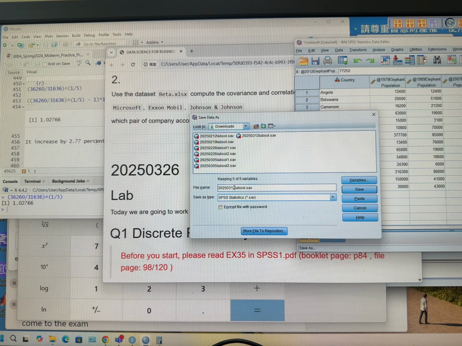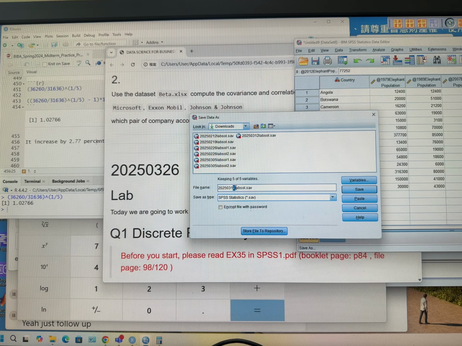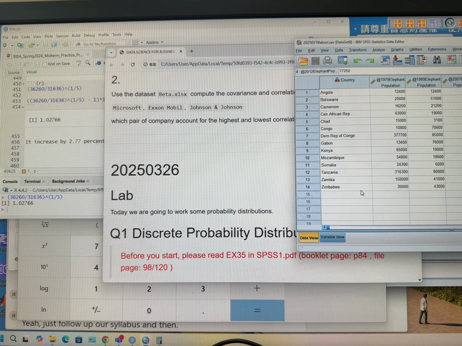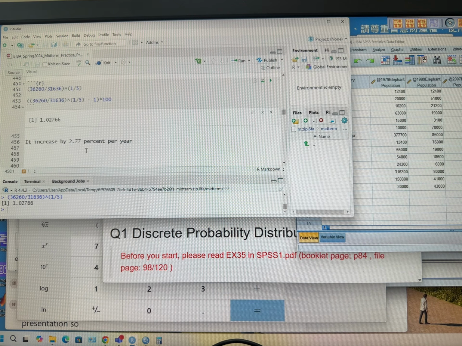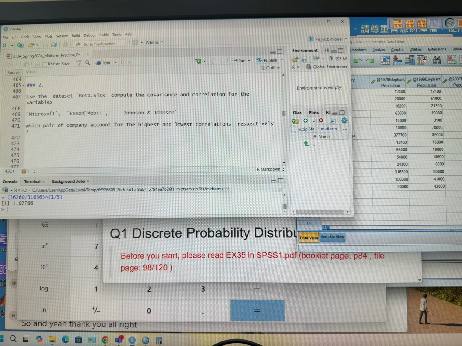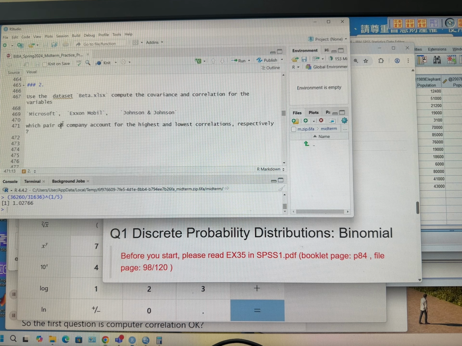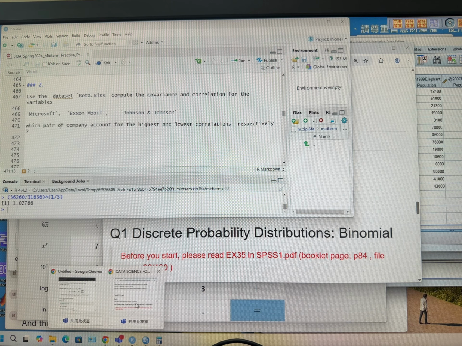Please come, just follow our syllabus, and come regularly and participate in the second exam and do the final presentation. Yeah, thank you. Alright, so the second question is compute the correlation. Okay. And this one can be done quickly.